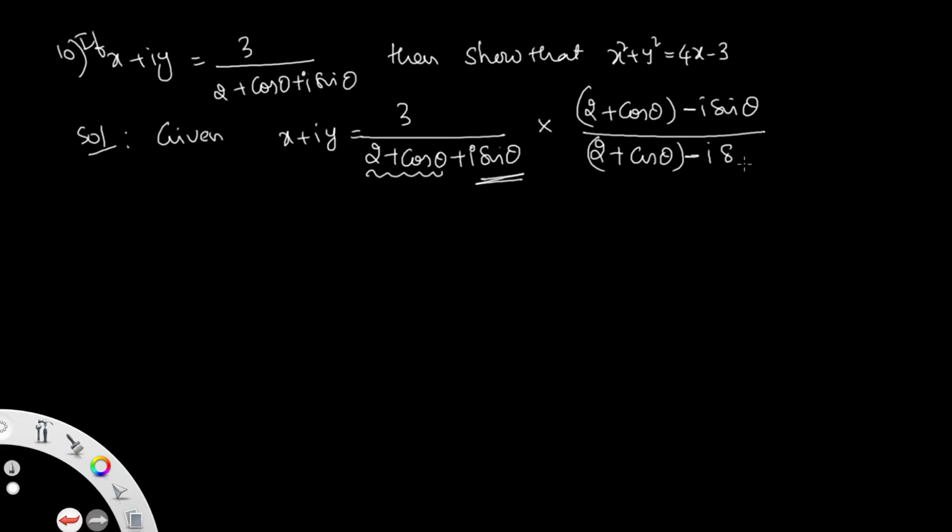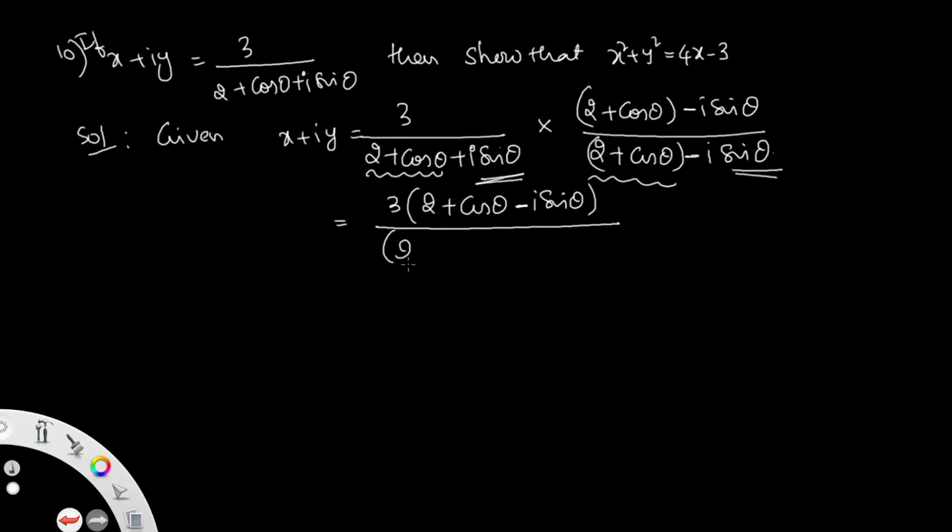This is in numerator by denominator form. Now we have to simplify: 3 into (2 plus cos theta minus i sin theta) divided by (a plus b) into (a minus b). Here a is 2 plus cos theta and b is i sin theta, so it is a square, (2 plus cos theta) whole square, minus b square, (i sin theta) whole square.